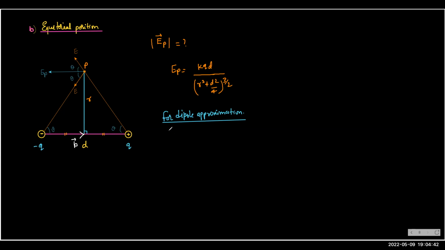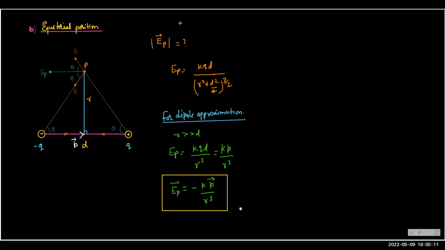So for dipole approximation, we write R much bigger than D, and therefore this will become EP equals KQD by R cube, which is simply KP by R cube. And therefore the EP vector we can write with a minus sign, because when we add vectors we have to put a minus sign, because we have realized that they are opposite. Yes, sir.